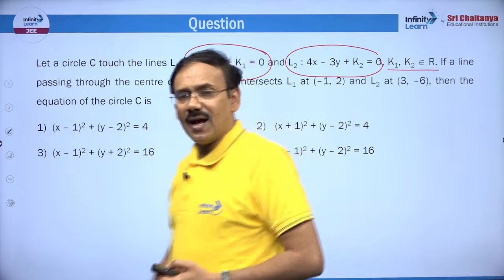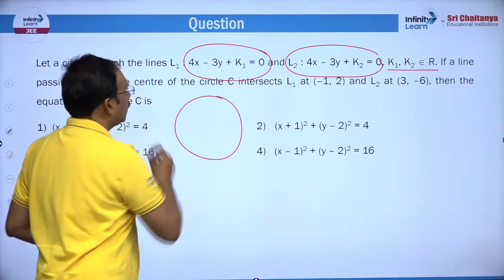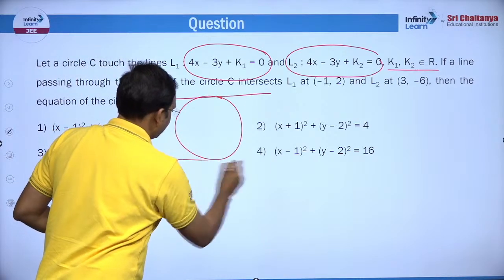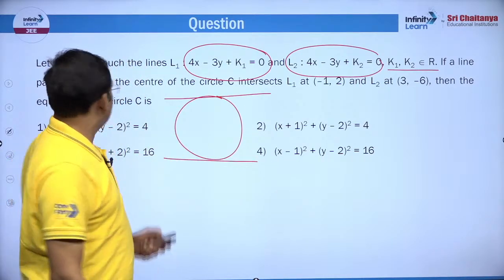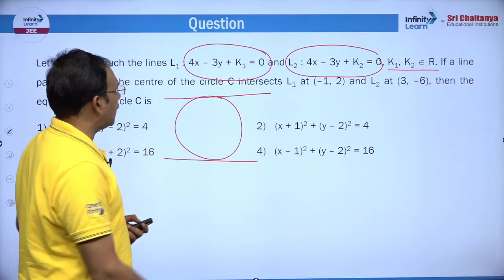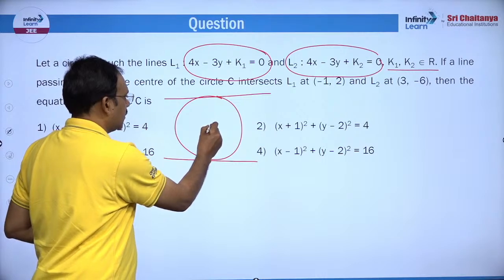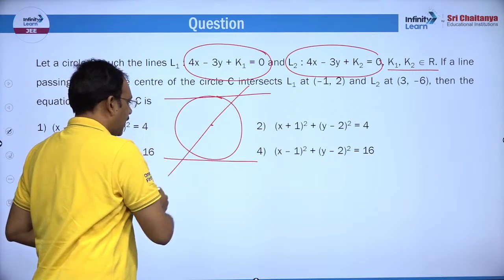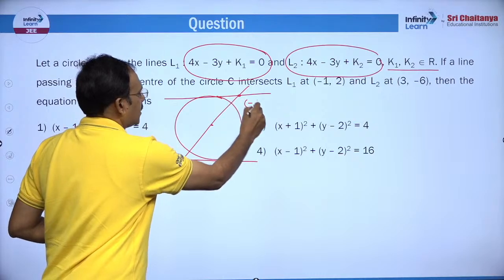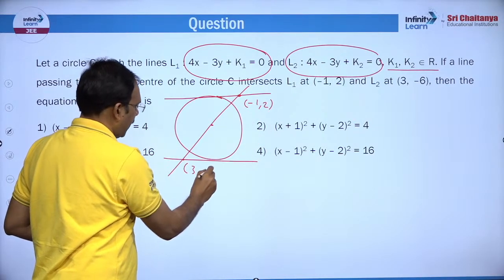You can understand this question like there is a circle, two parallel tangents are given. Now, there is a line passing through the center of the circle C and intersecting L1, L2 at two different points, at (-1, 2) and (3, -6).